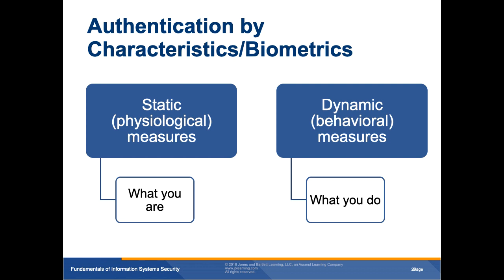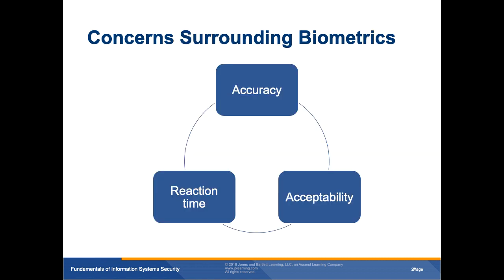So then authentication by characteristics or biometrics. Static, right, what you are, like your fingerprint. Dynamic is what you do. It could be your voice, it could be your typing cadence. Some concerns around biometrics, right? Sometimes they're not very accurate, and at least the early versions weren't. They're getting better.